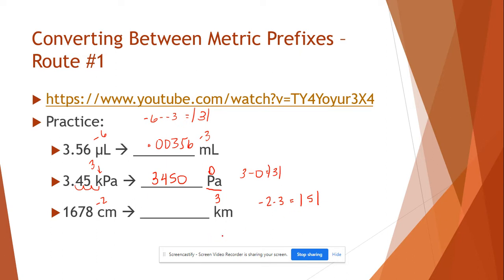Looking at the chart, centi is about right here and kilo is over here. So that means in order to get over there, I have to move my decimal to the left 5 times. So 1, 2, 3, 4, 5. My answer is going to be 0.016,678.